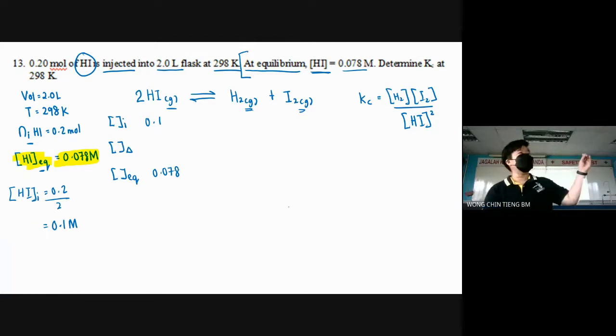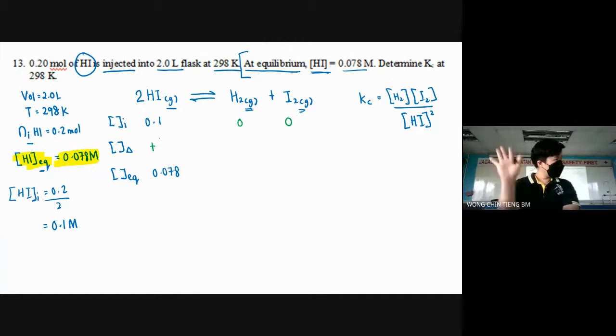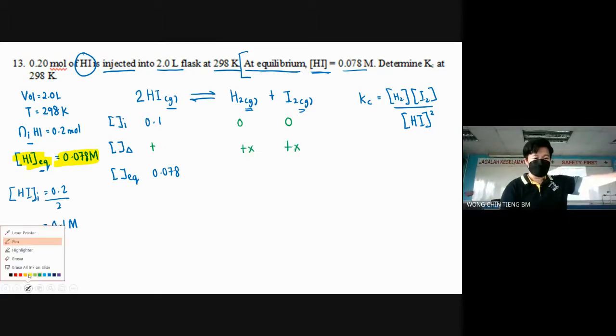So finish off the initial. HI initial dah ada 0.1, product kosong. Okay, lagi. Change. Plus X. Kat sini plus X pula. Okay, zaman ni saya habiskan. Okay.